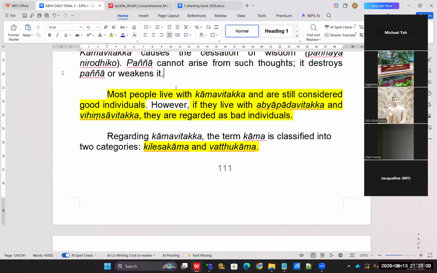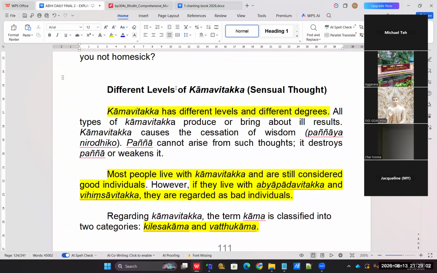Okay, now there are different types of Vitakka. Some can be very strong and they want to possess people's properties, or some can be just a normal kind of desire. But any kind of Kama Vitakka can cause the cessation of wisdom, because when they have so much sensual desire, the wisdom cannot arise.